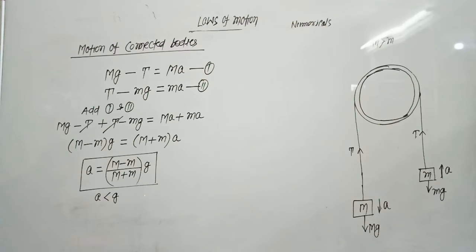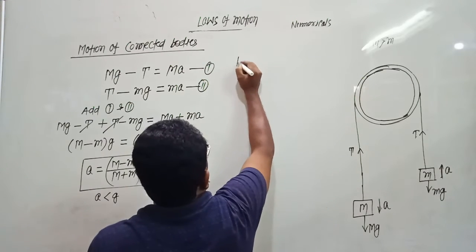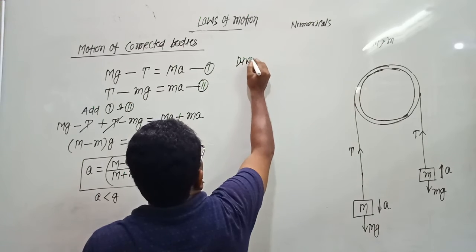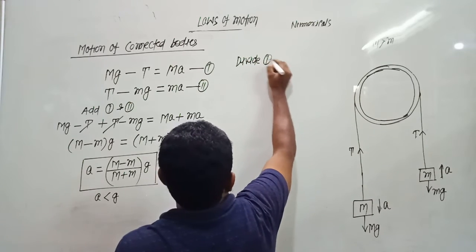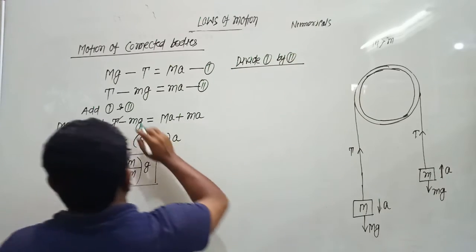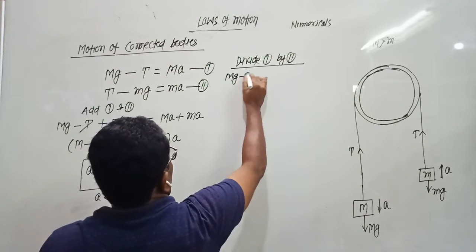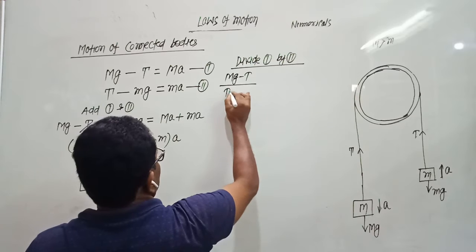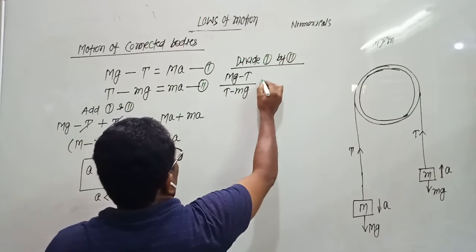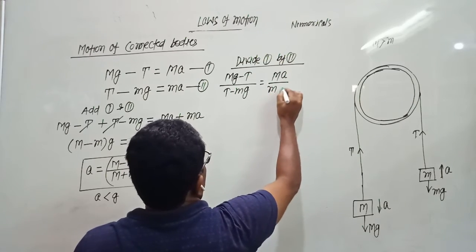Now we calculate the value of the tension T, and for this we divide equation first by second. So Mg minus T upon T minus mg equals M into a upon small m into a.